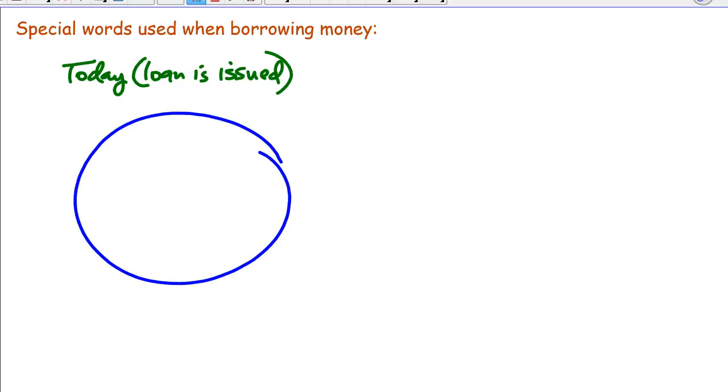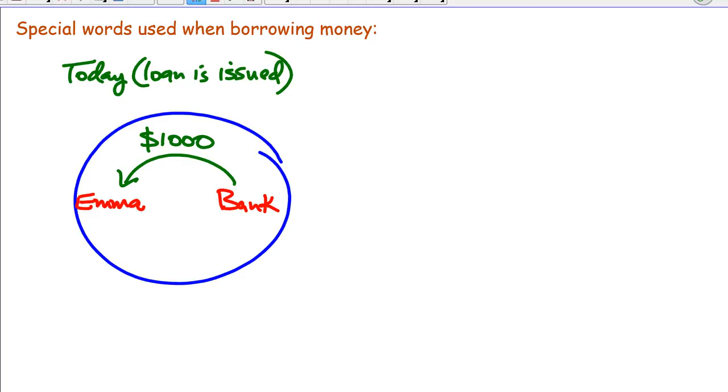We have Emma receiving, so here we have Emma, and here we have the bank. And what's happening is the bank is giving $1,000 to Emma.